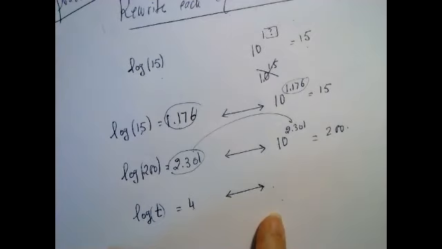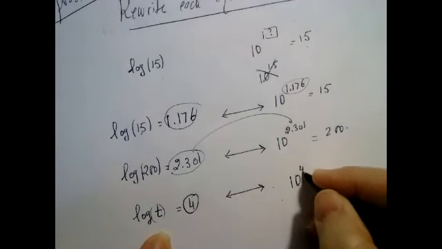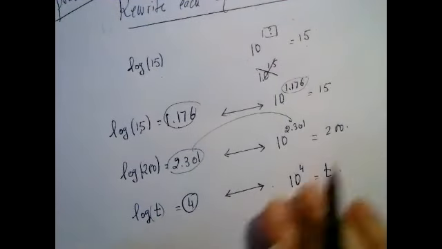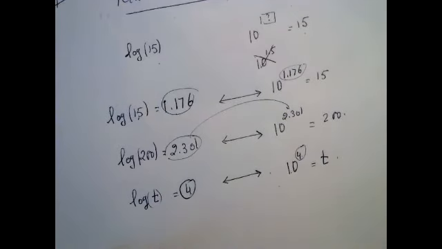What does it mean, log of t equal 4? It means if I take 10 to the power 4, I get t. So log t equal to 4 means 10 to the power 4 is equal to t. The log is the power of 10 that will give me the t back.